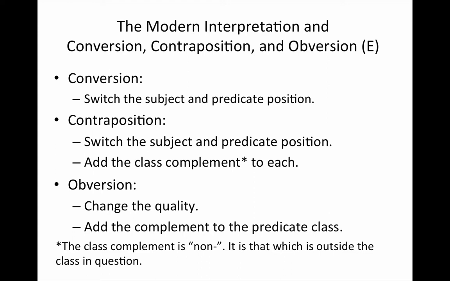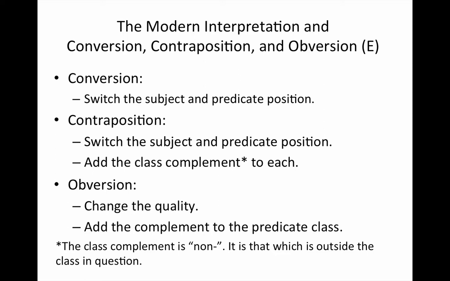So what do you do when you convert a claim? You switch the subject and predicate positions. What do you do when you contrapose a claim? First, or not necessarily first, but it makes more sense in some ways when you're writing things out, to switch the subject and predicate positions and then add the class complement to each. The class complement is articulated with the prefix non, and that tells us that we're talking about what is outside the class in question.